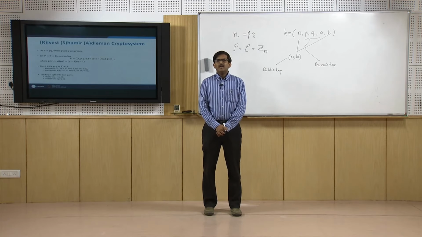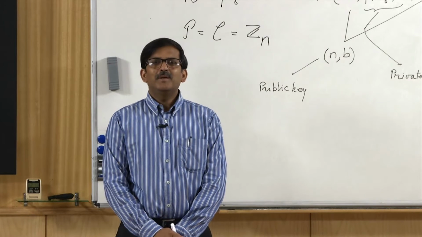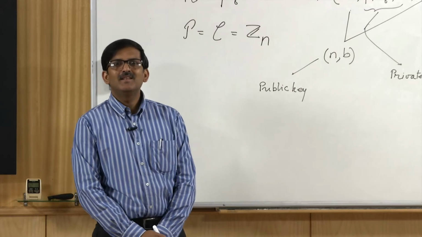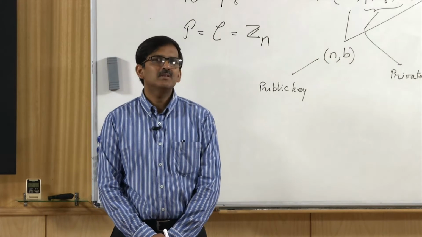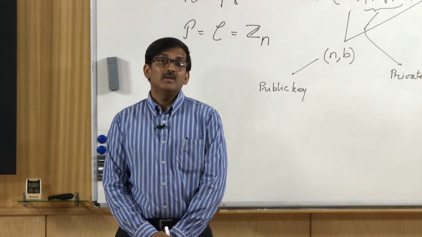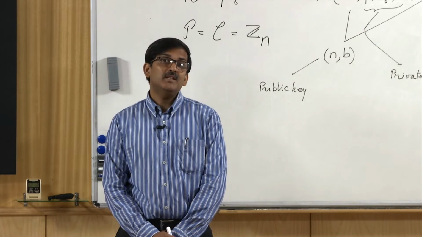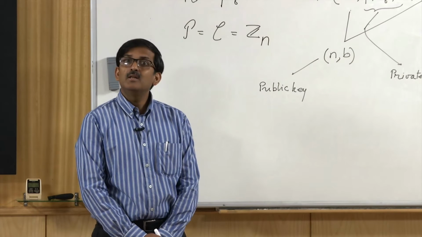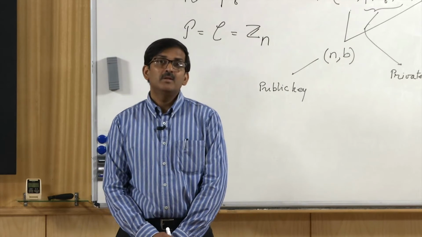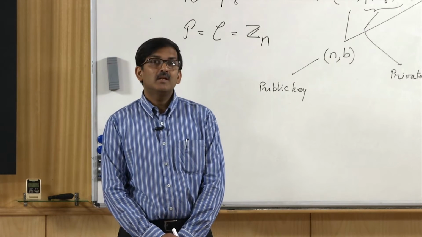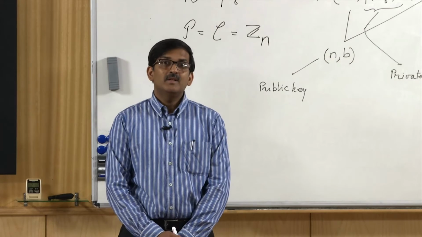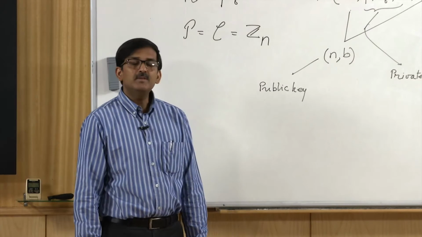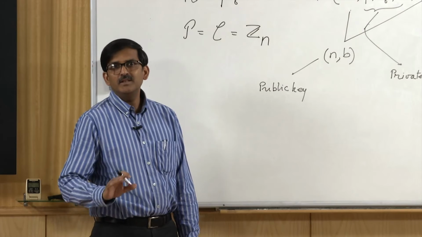What is claimed and what has not been disproved so far is that if someone knows N and B, and if P and Q are very large primes, possibly having a representation of more than 600 bits, then knowing N and B does not let anyone compute the factorization, and hence the inverse modulo phi n, in feasible time, in a reasonable time.